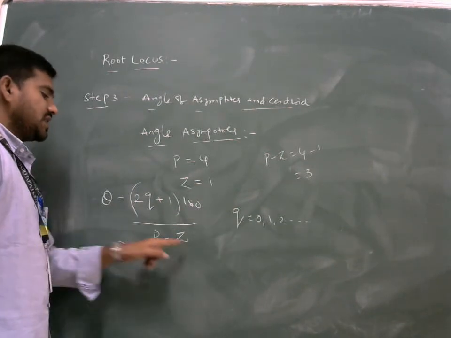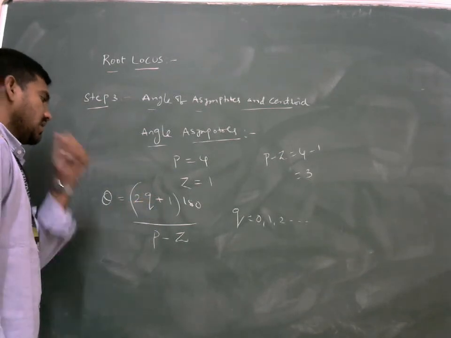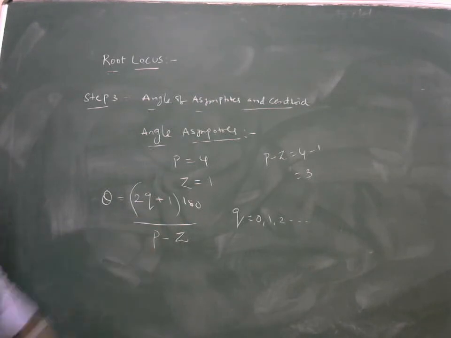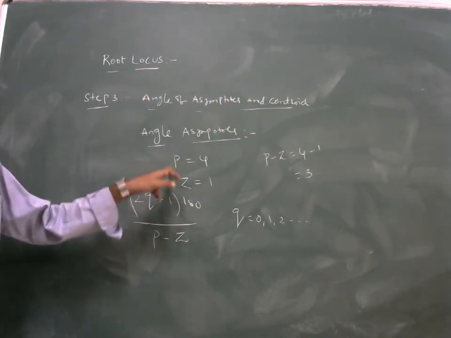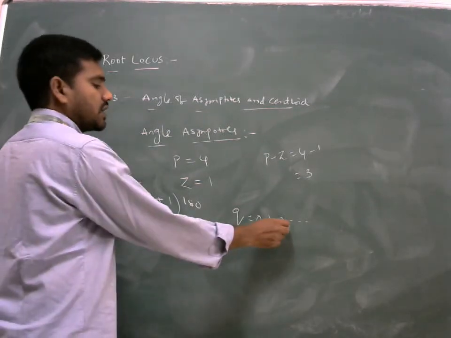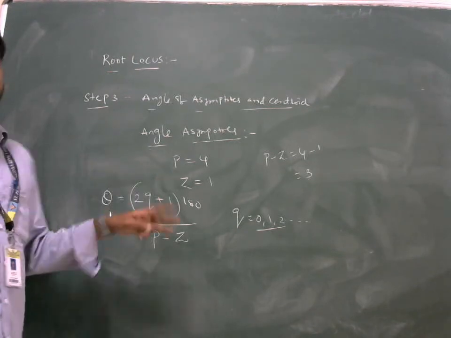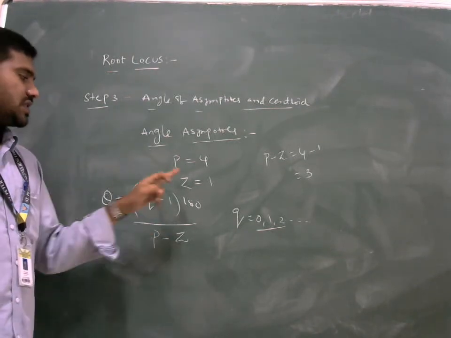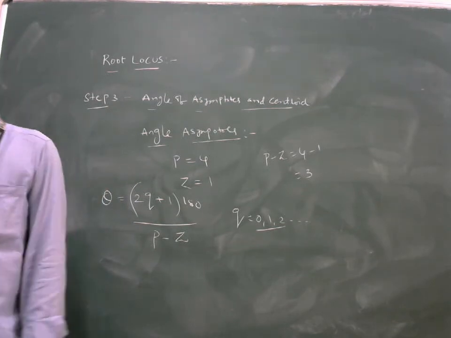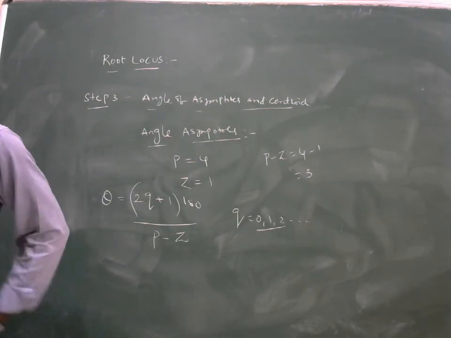P minus Z means number of poles minus number of zeros. That means 3 asymptotes we need to take, so q equals 0, 1, 2. For example, in this case, if you are having 4 poles and 1 zero, you need to take only up to these 3. That is the angle of asymptotes formula.